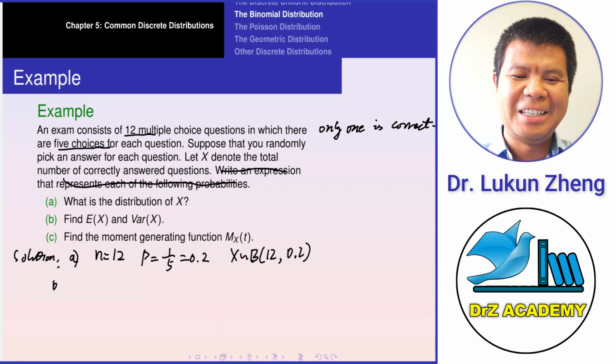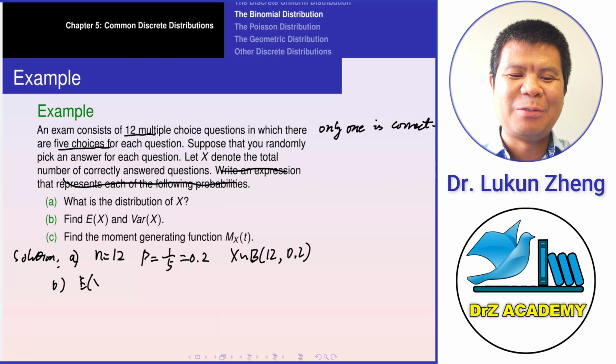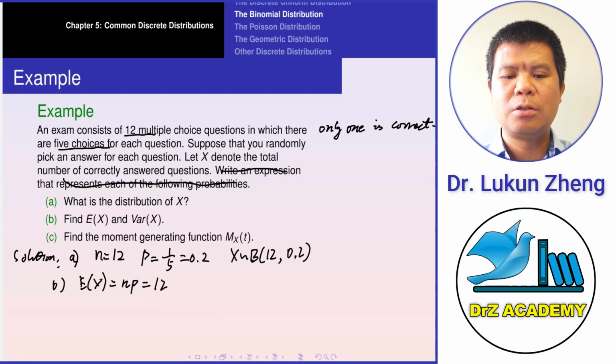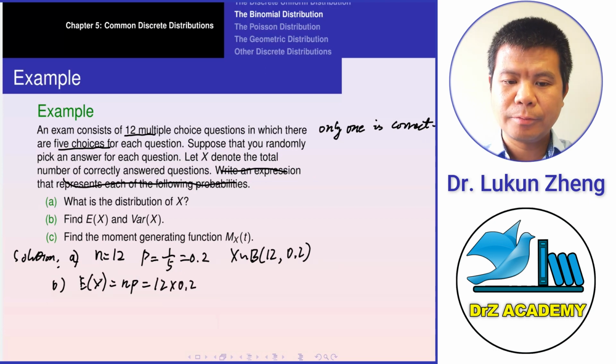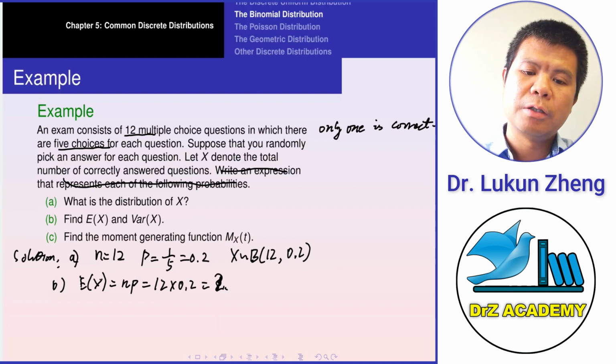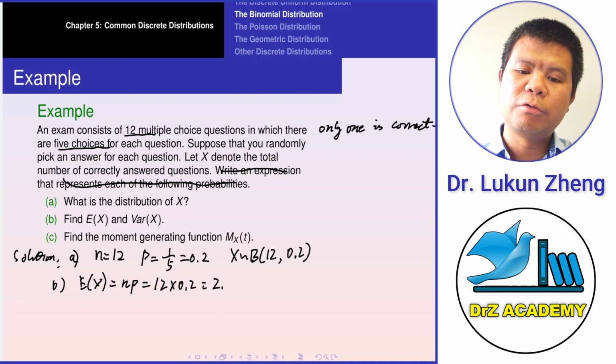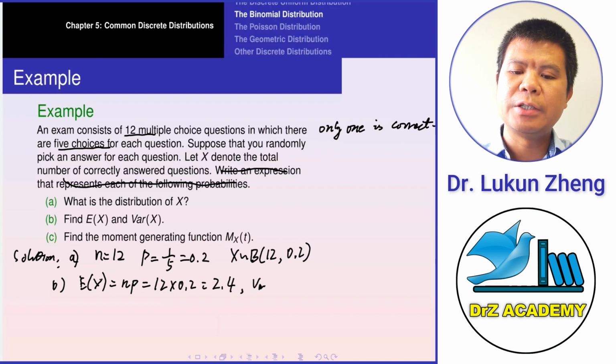And part B. So what's the expectation? The expectation is going to be np, which equals 12 times 0.2, which is 2.4. And the variance of X is np(1 - p).